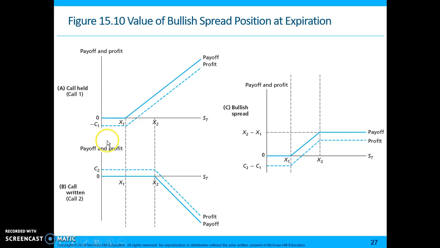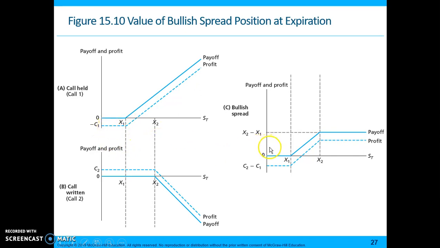When we combine these two, since the lower strike means that the call premium on this one is going to be greater than on the second one, there will be a cost to the strategy where they don't offset each other.